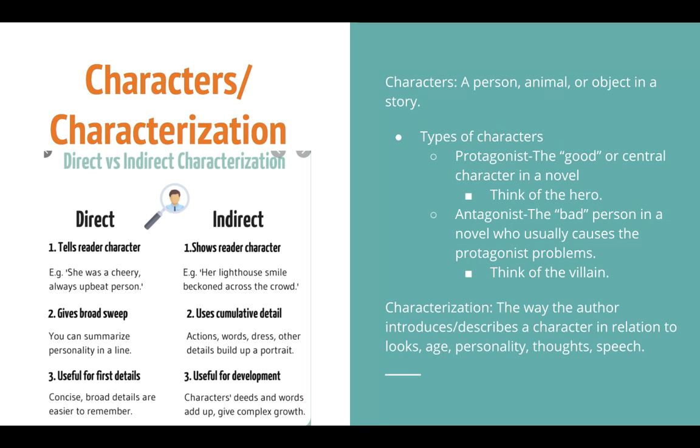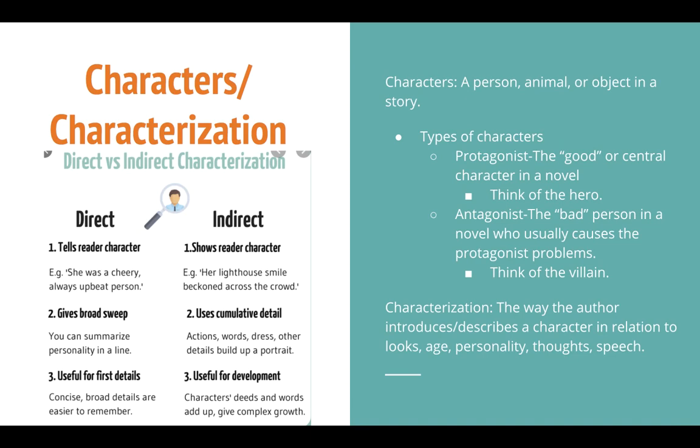And then finally, number 3, direct is useful for first details. Concise, broad details are easier to remember. That's when they're telling us exactly what their hair color is, their age, maybe the color of their skin. That's direct, concise, and we remember those a little bit easier, as opposed to indirect characterization. It's useful for development. Characters' deeds and words add up, and they give complex growth.